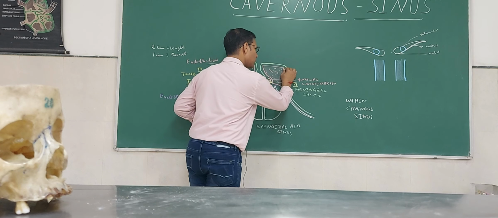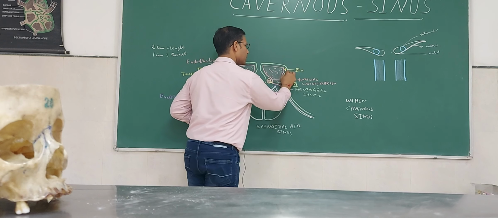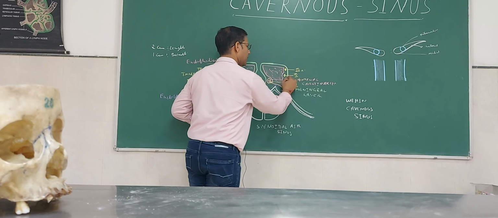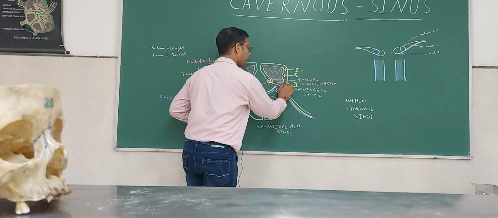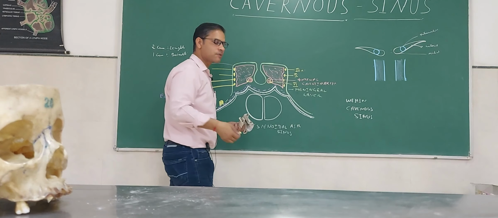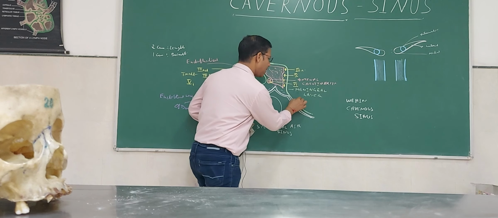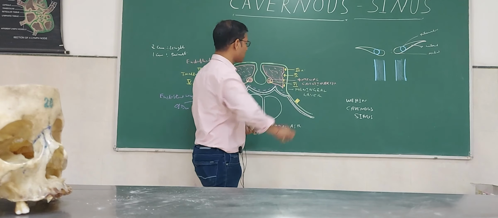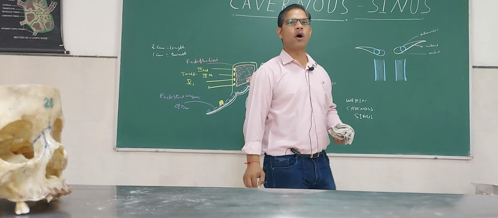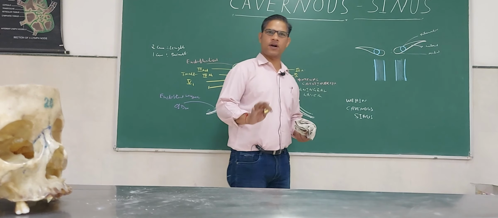In the lateral wall, between the meningeal layer and the sinus, there is the third nerve, then the fourth nerve, the trochlear nerve, then the fifth one, the ophthalmic nerve, then the fifth two, which is controversial, as some books say it is outside. Lateral to this, there is the mandibular nerve, or fifth three, which is emerging from the trigeminal ganglion. That was about the important anatomical structures within the cavernous sinus.